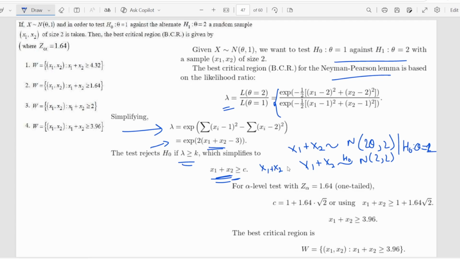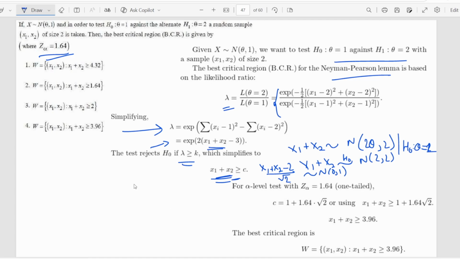x1 plus x2 centered by the mean and scaled by its standard deviation must follow the standard normal distribution. And this is where the given cutoff point comes in.